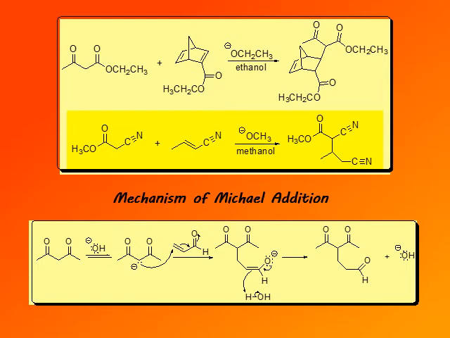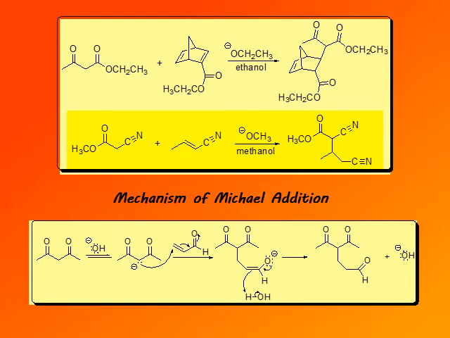In an alpha-beta unsaturated nitrile, atom 1 is nitrogen, atom 2 is the nitrile carbon, atom 3 is the alpha carbon of the double bond, and atom 4 is the beta carbon of the double bond. And again, the base is methoxide because we have an ester group, a methyl ester, so the base has to be methoxide.